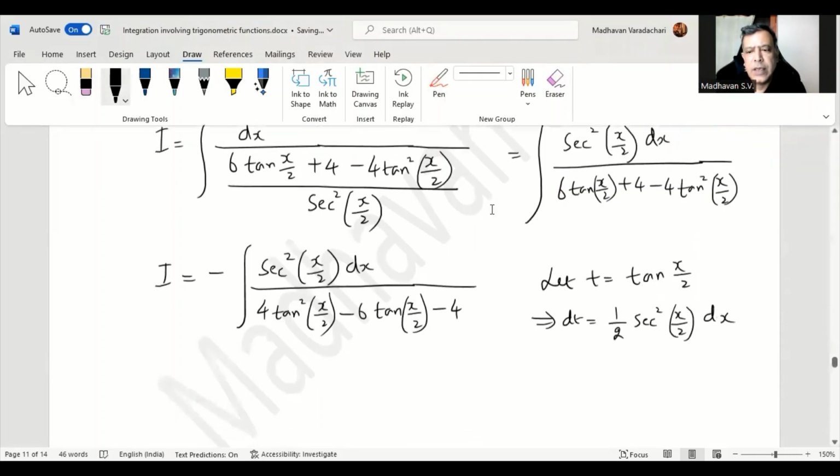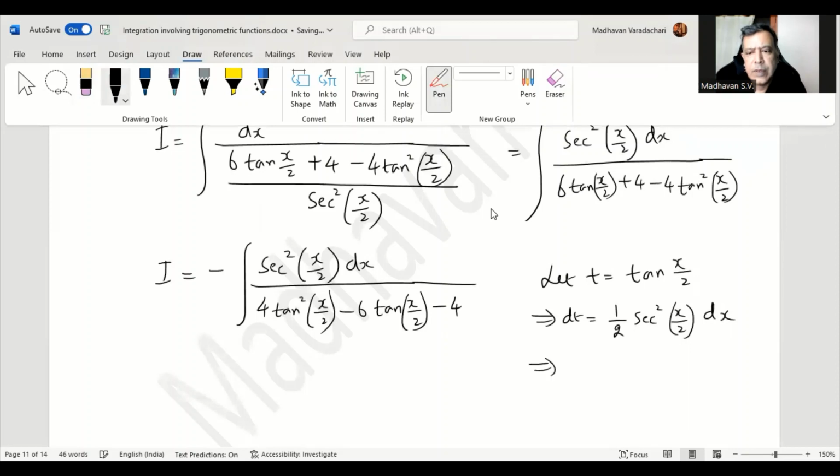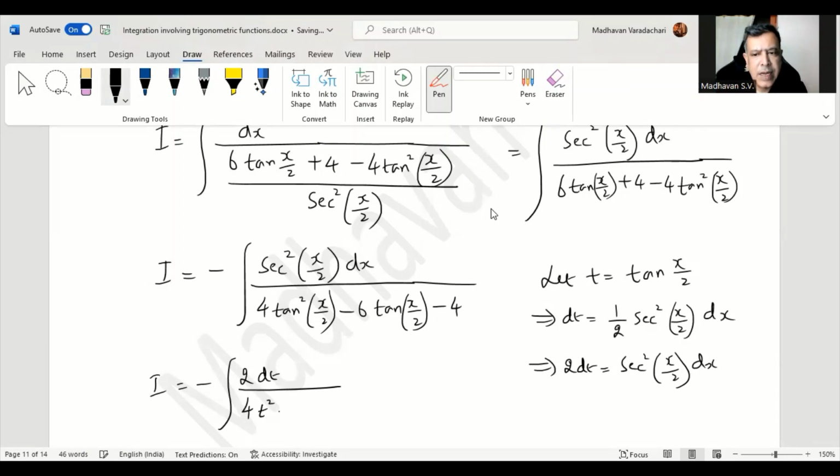So that means 2 times dt will become secant square of x by 2 dx. So now this I can be rewritten in terms of t as negative 2 dt divided by 4 t square minus 6t minus 4.